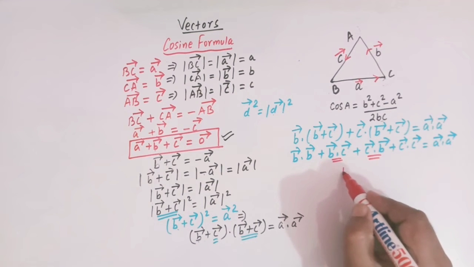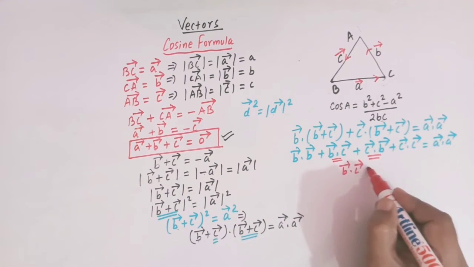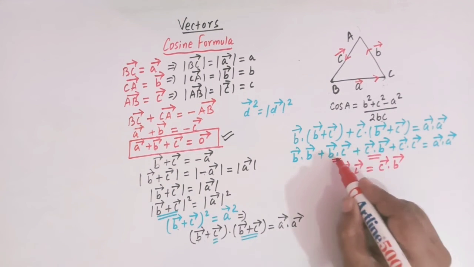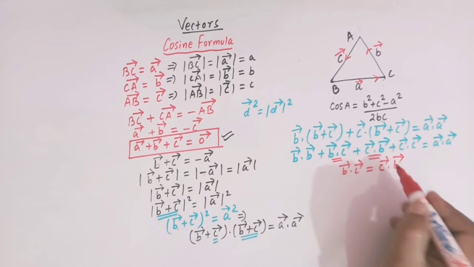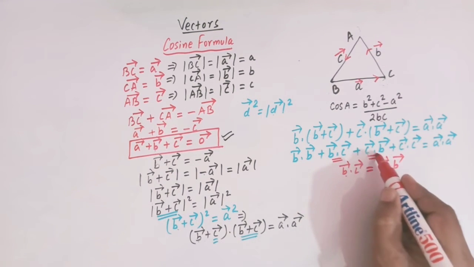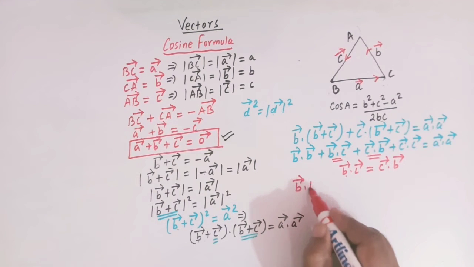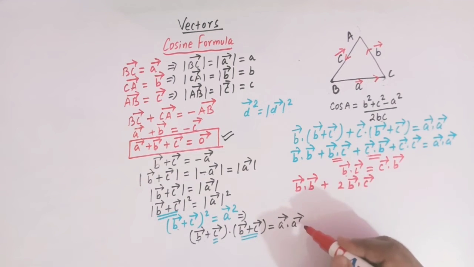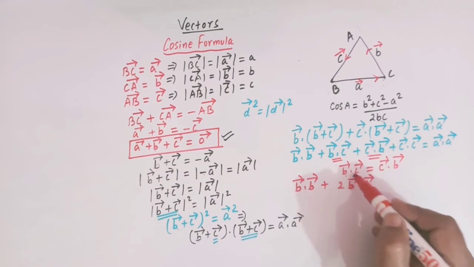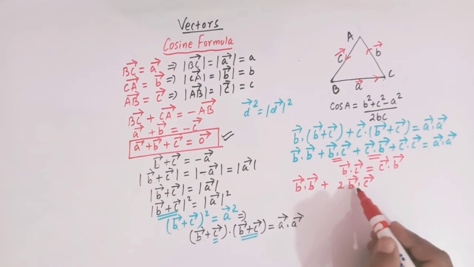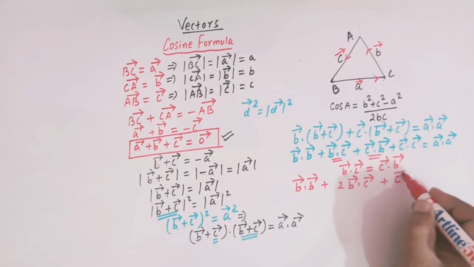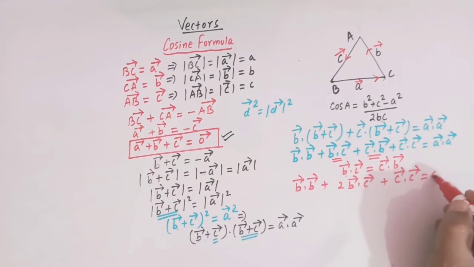So b dot c is equal to c dot b. Replacing c dot b by b dot c, we have b dot b plus 2 times b dot c plus c dot c, and here we have vector a dot vector a.